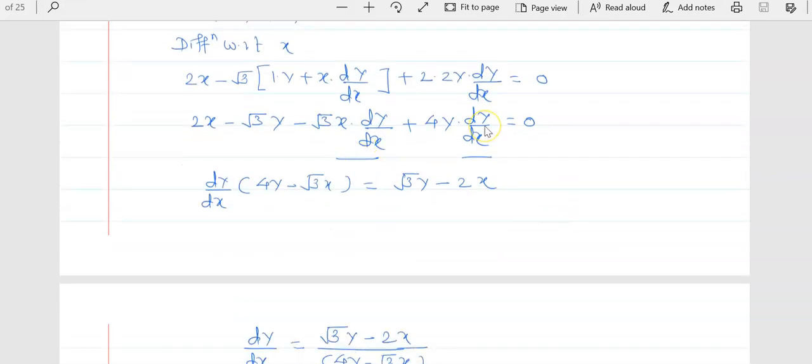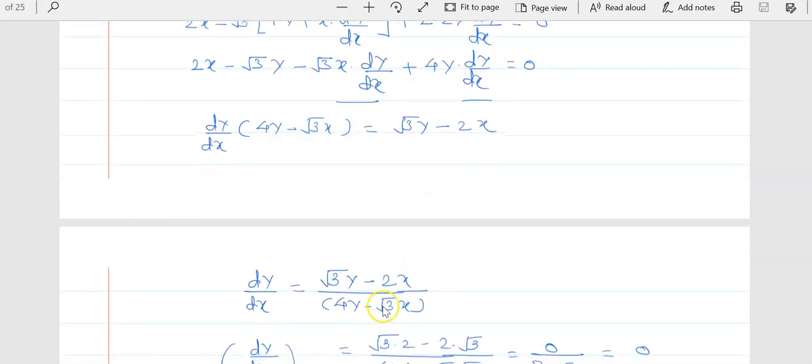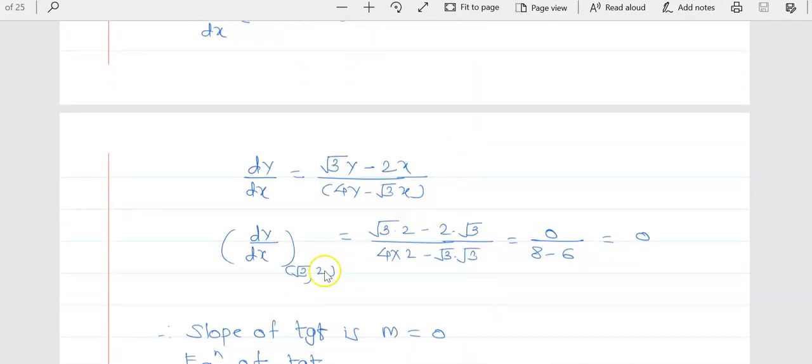Collect the terms of dy/dx. Therefore, dy/dx = (√3y - 2x)/(4y - √3x) after collecting these terms. Its value at the point (√3, 2): put x = √3 and y = 2. That is (√3 into 2 - 2 into √3) overall, you will get 0 upon (8 - 6), that is equal to 0.